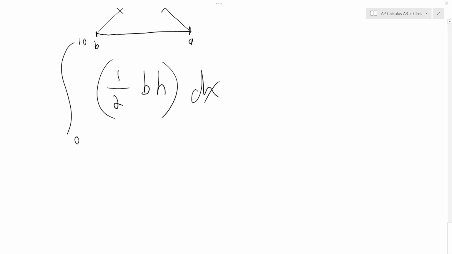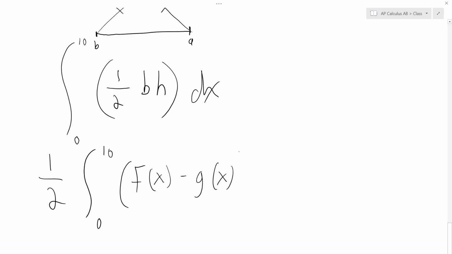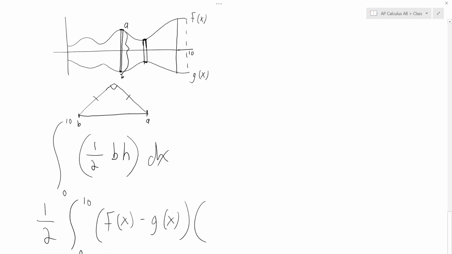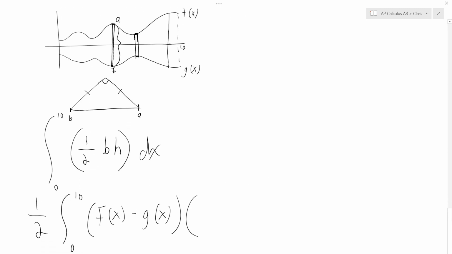That's super sweet. The 1/2 can go right out front. The base of the whole thing is f of x minus g of x. And then I need the height. Now, you're right. How do I find the height? The only way we can do this is if the height is based off of that base. Well, it turns out, does it make sense that if you were to take a triangle like that and attach another one down here, guess what shape that makes?